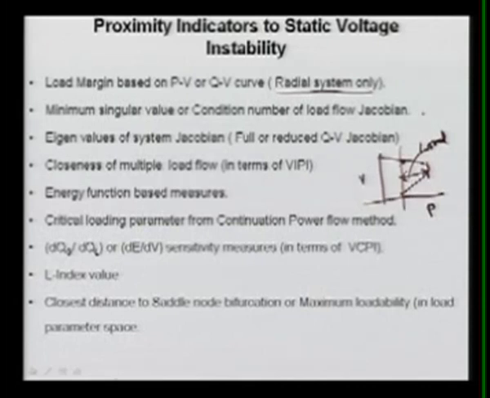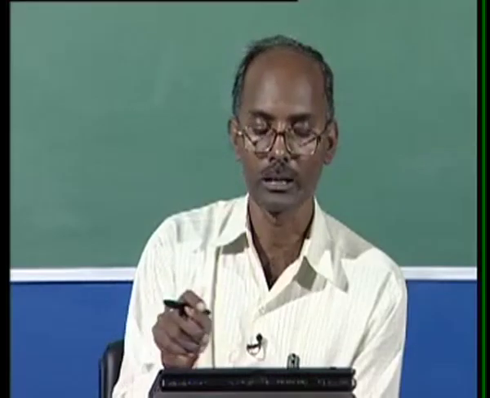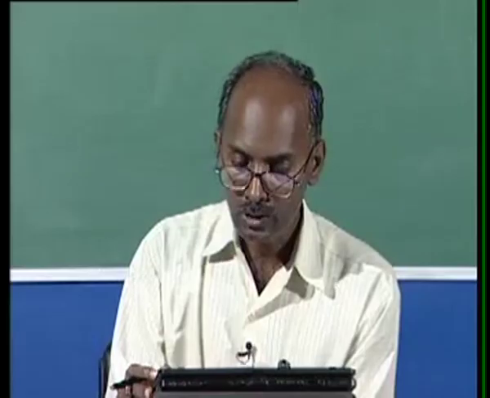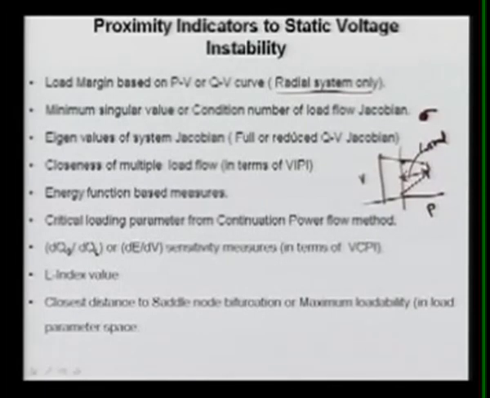If you remember, sigma, the condition number or minimum singular value, corresponds to the Jacobian eigenvalue with the minimum critical value. Already I have discussed that. So, this is one criterion that we can determine.